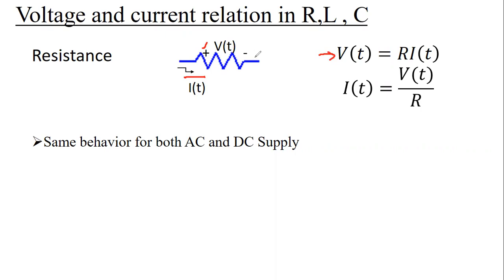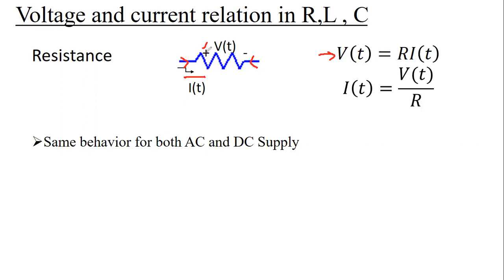If you change the direction, if we take the direction from negative to positive, always remember, then v(t) becomes minus of R i(t). We take v(t) equal to R i(t) when current is flowing from the plus sign to the minus sign. Current always flows from higher potential to lower potential.